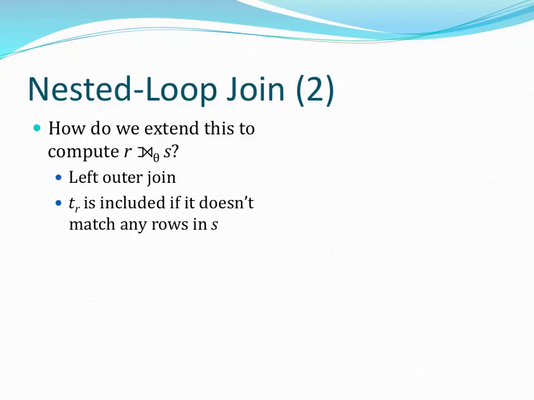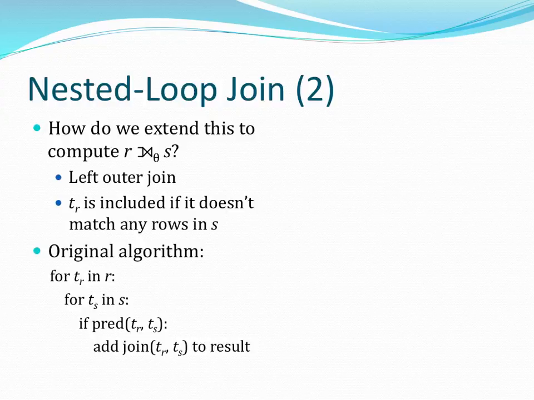Now that was a very straightforward implementation. I have the original algorithm here, written in 4 sweet lines of code. How do we extend this to do left outer join? So we want to include T sub R if it doesn't match anything in T sub S. What would we do to this algorithm to support this? Where would we put the else clause?